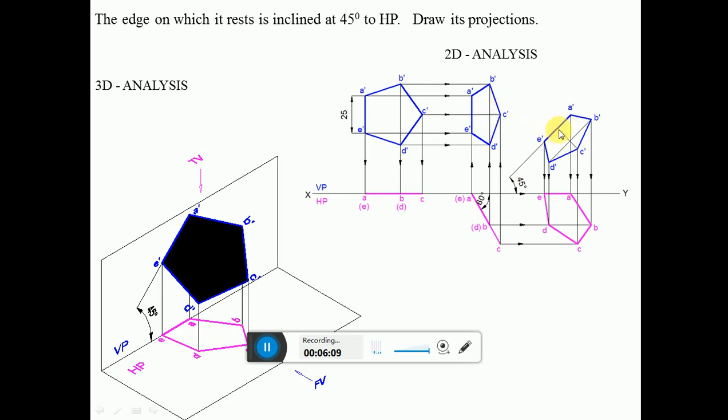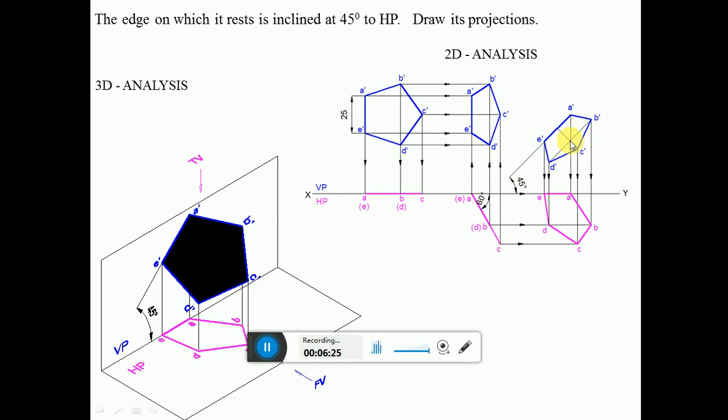From this point you mark that point, so you will get the point C dash. Again you measure this length using the compass, and again from here you cut an arc on this, and you will get this point now.